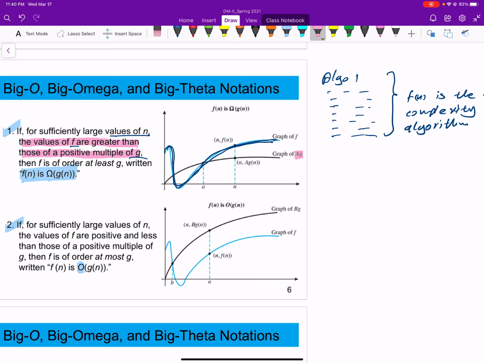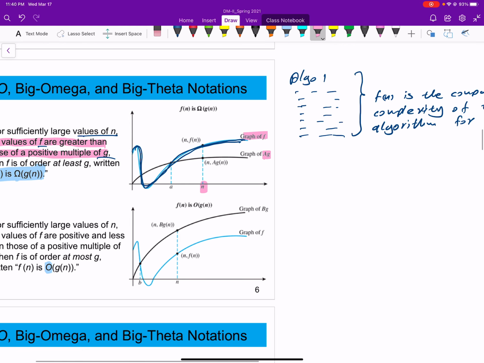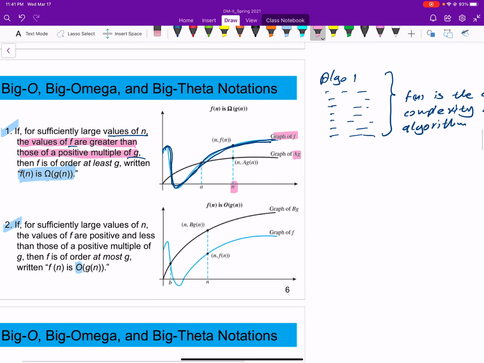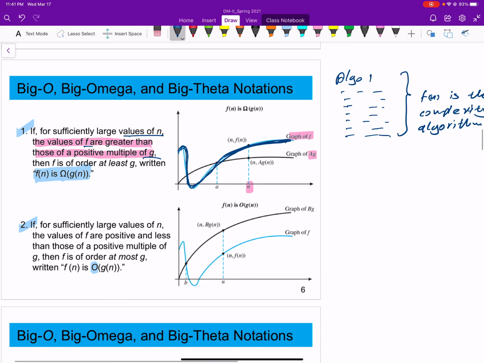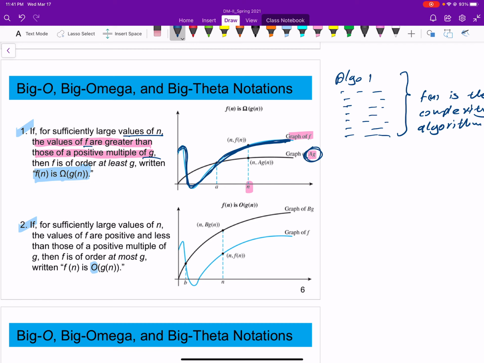Then the graph of f should be greater than the graph of ag for some large n. Okay, for sufficiently large n. So that's what is given in this graph. At the beginning, the complexity varies, which goes up and down, but at a later time, the computational complexity is always greater than a times g. It's always greater than a times g, right?